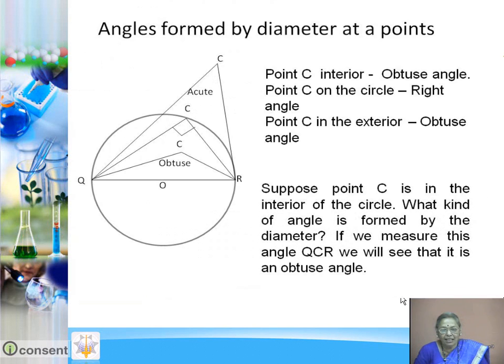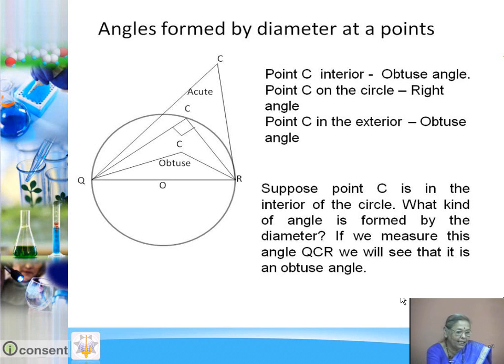Now suppose this point C is inside the circle. What do you think will happen? The diameter subtends an angle at C. If you measure this angle, it is always an obtuse angle.